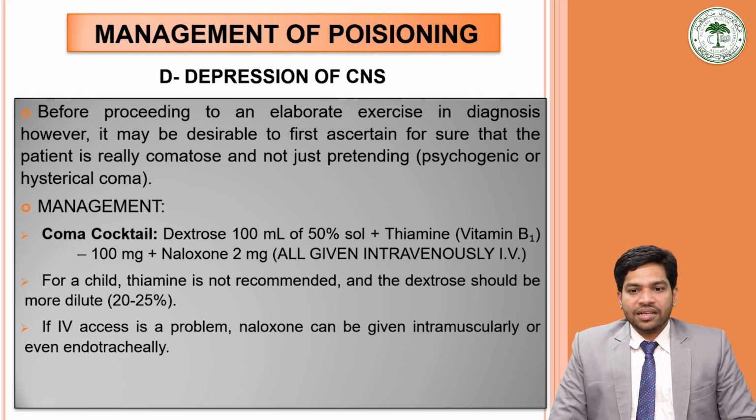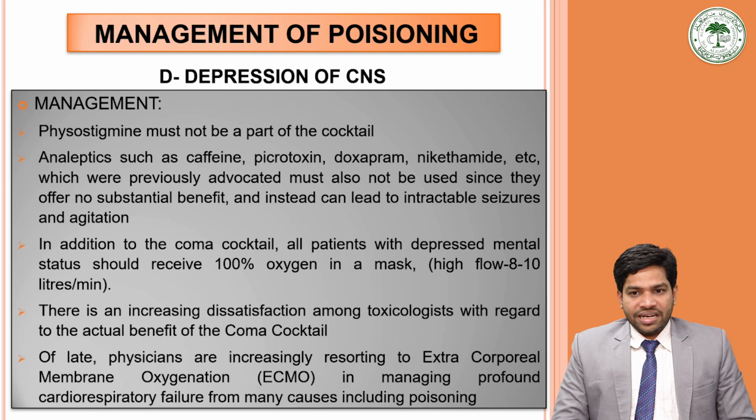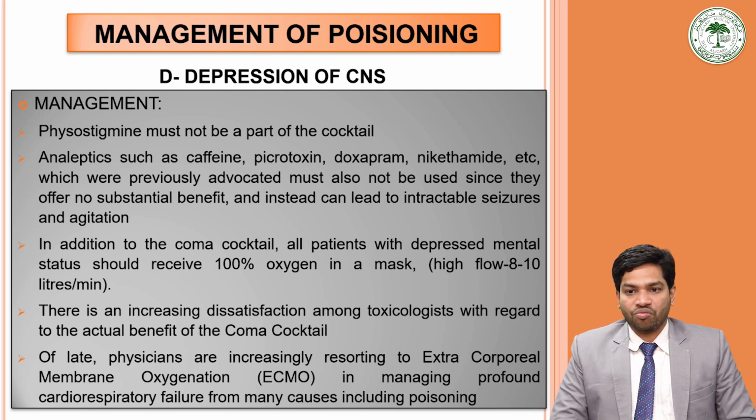For a child, thiamine is not recommended and the dextrose should be more dilute, in the range of 20 to 25%. If IV access is a problem, naloxone can be given intramuscularly or endotracheally. The rationale for the coma cocktail is that a significant proportion of poisoned comatose patients in whom the identity of the poison is unknown comprise cases of overdose from opiates, alcohol, and hypoglycemic agents.